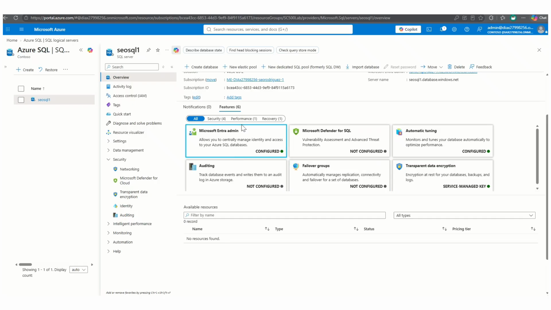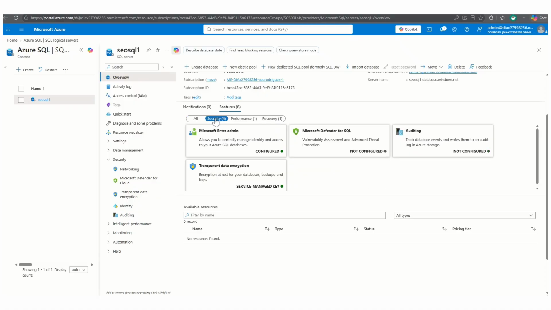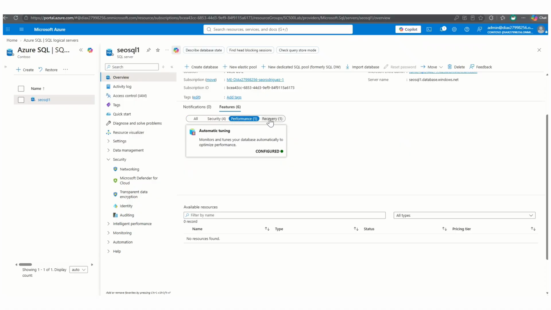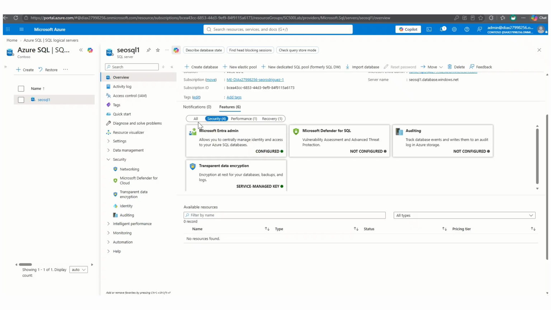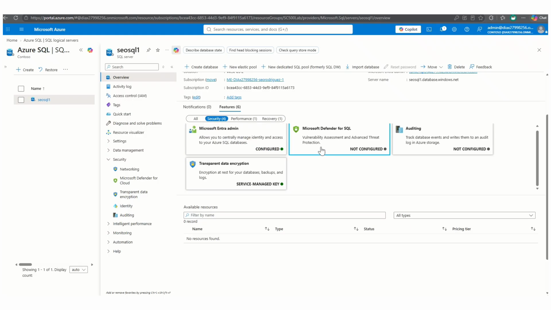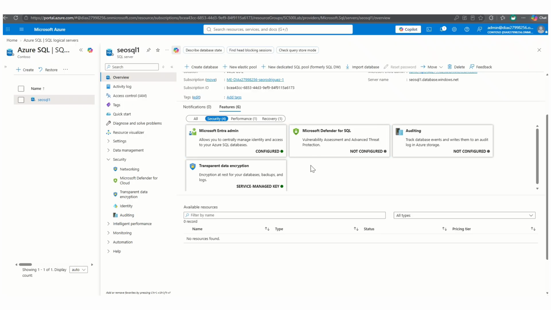So here you see all those, these are divided into security, performance and recovery. But if you want to see them all together, you can click on all. But anyway, that's an overview of the security of this server.